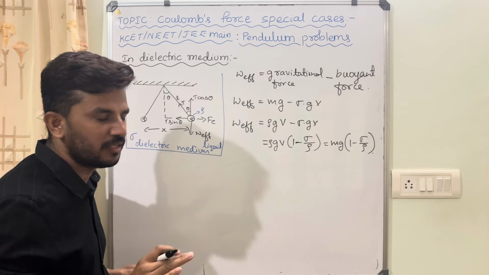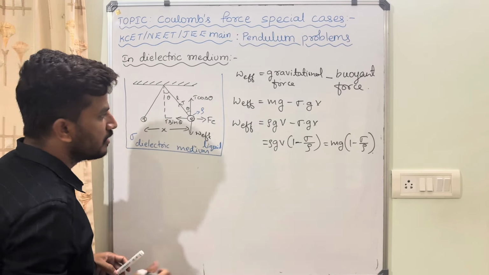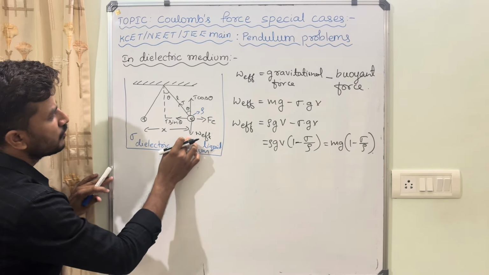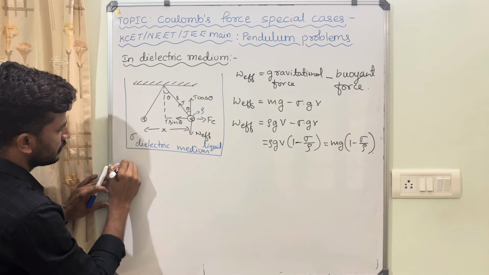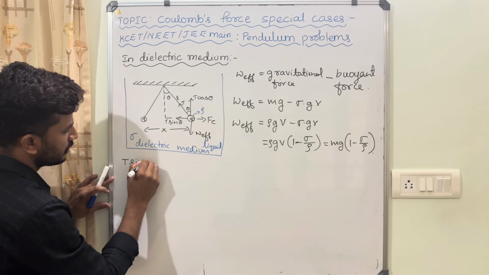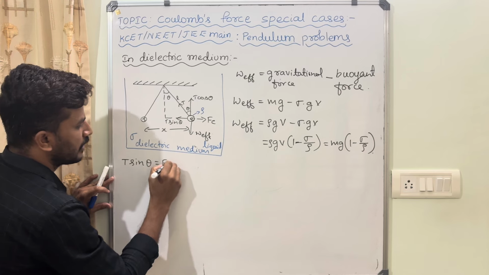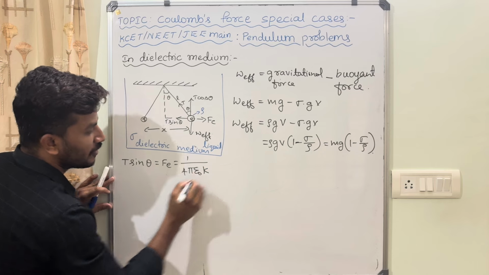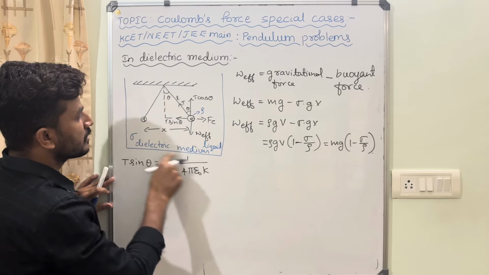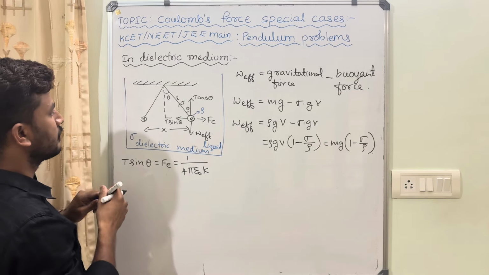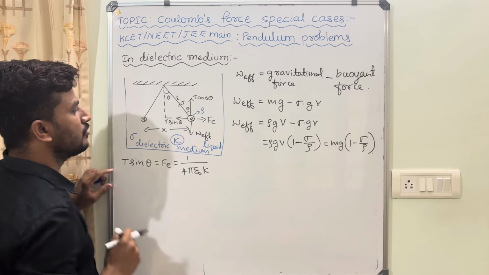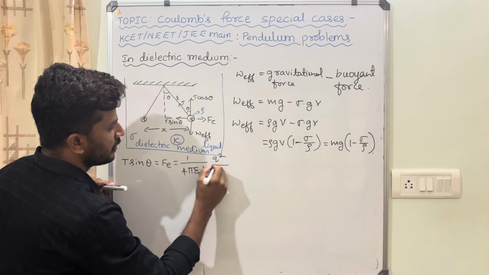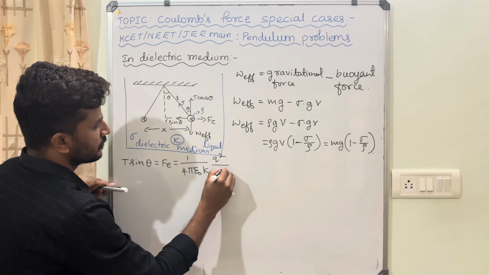The electrostatic force remains the same: Fe, T cos theta, T sin theta. Now if I equate, T sin theta is equal to Fe. Fe, the electrostatic force, is 1 divided by 4 pi epsilon naught into K, because this liquid has some dielectric constant K, into Q square divided by the distance x square.